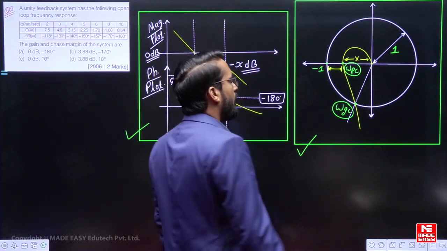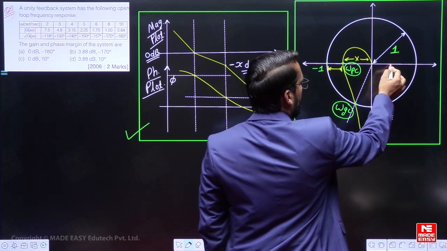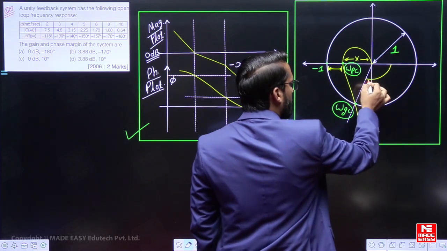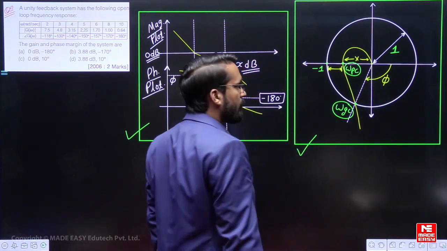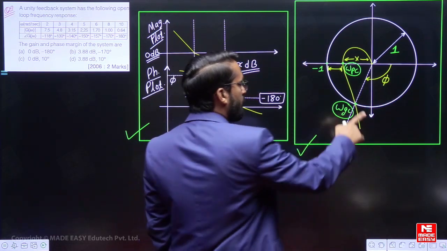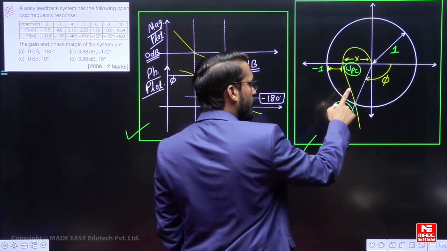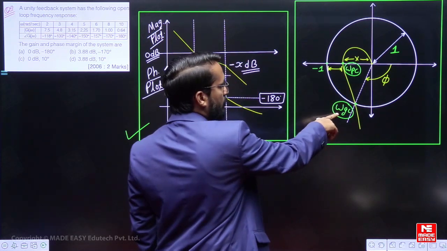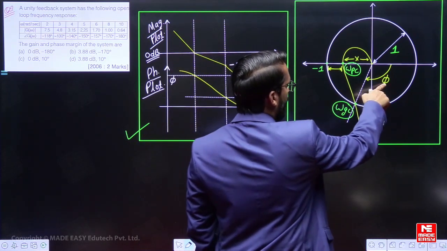Now, what is the phase margin? This angle is phi. With respect to the frequency, the gain is equal to 1 at the gain crossover frequency. What is the gain? 1, but the phase is phi.